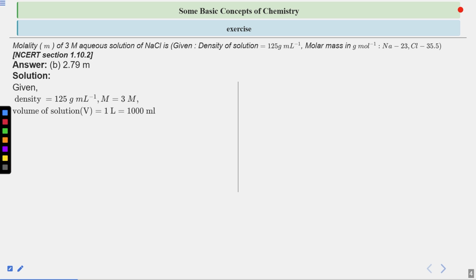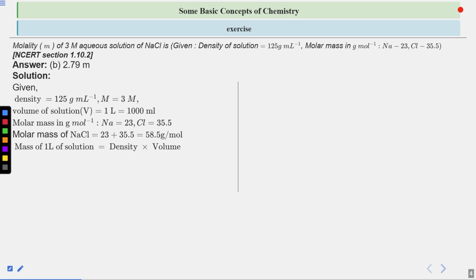That is the basic meaning of molarity. The volume of that 1 liter can be written as 1000 ml. The molar masses of sodium and chlorine are given as 23 and 35.5, so the molar mass of NaCl will be 58.5 gram per mole.